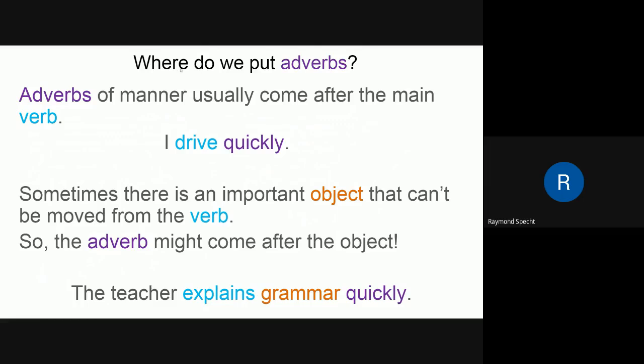All right, where do we put adverbs? Adverbs of manner usually come after the main verb. I drive quickly.